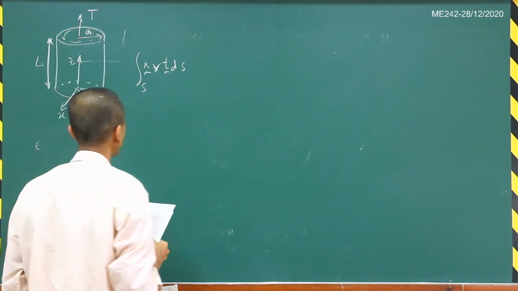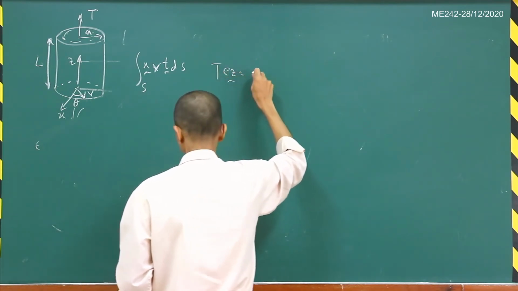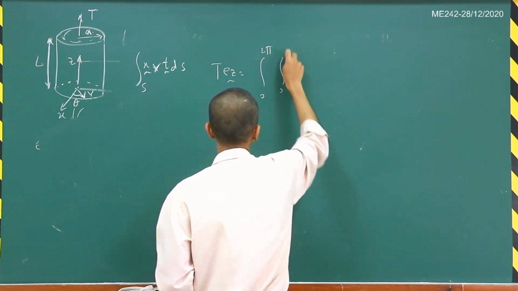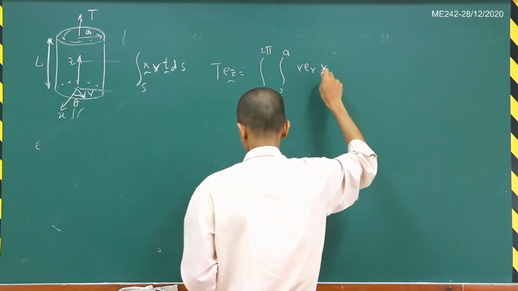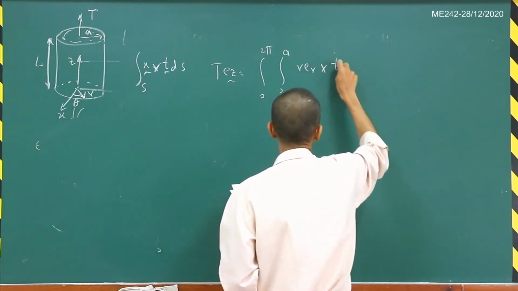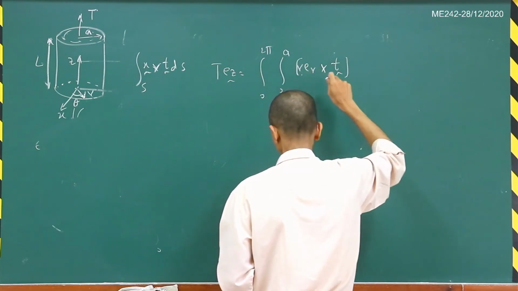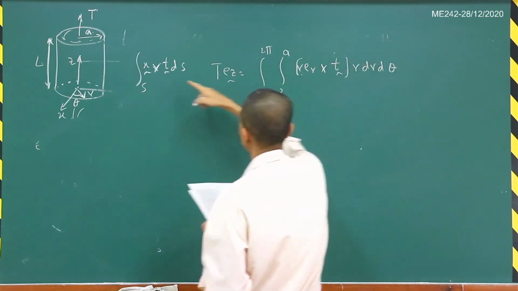So you will get that T times E_z is equal to the integral from 0 to 2 pi, integral from 0 to a of r times dr cross t on the top surface times r dr d theta. So this is this x cross t.